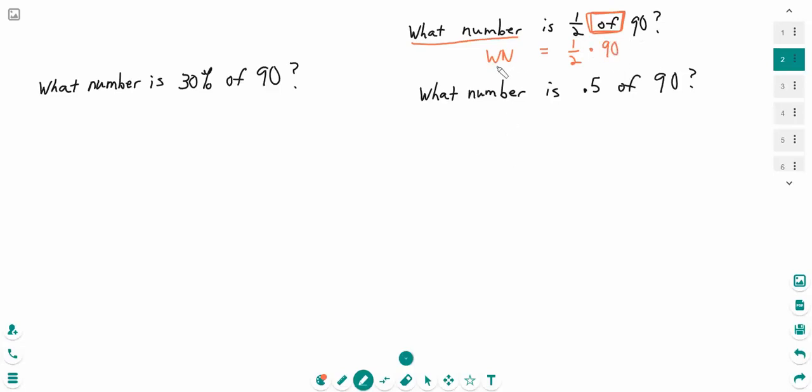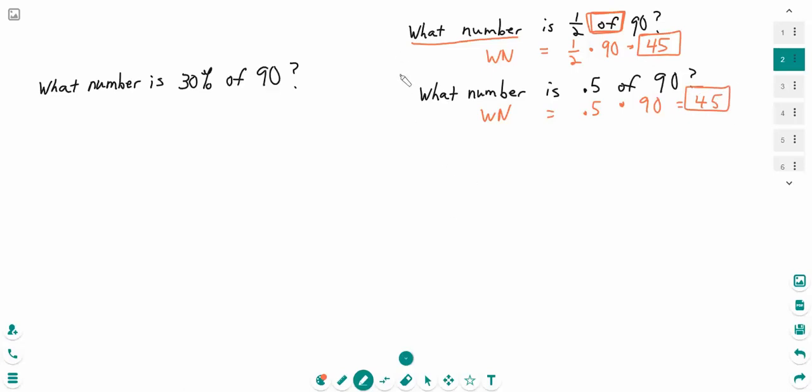And now we simply solve for the WN by taking 1/2 times 90, which we would find is 45. And that would be the solution to what that number is. All right. And then the same thing applies here. It's just as a decimal. So here we would have what number is 0.5 times 90. And again, we're going to end up with 45.